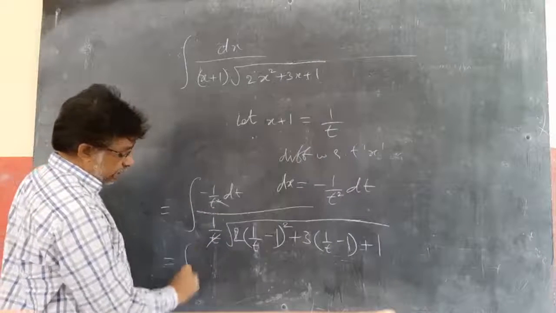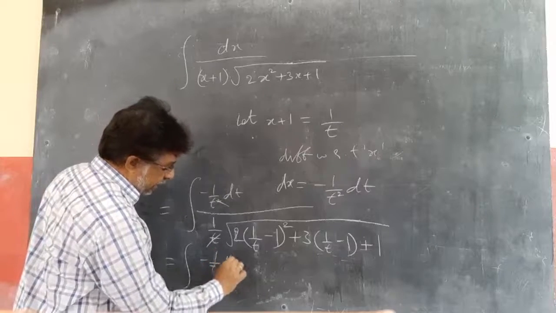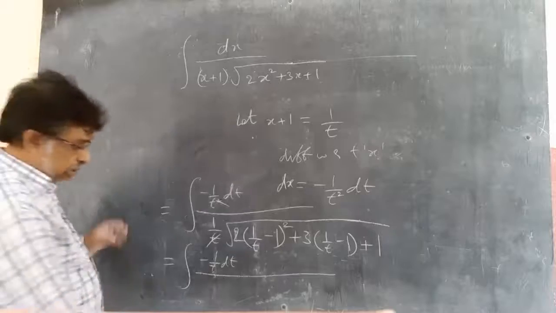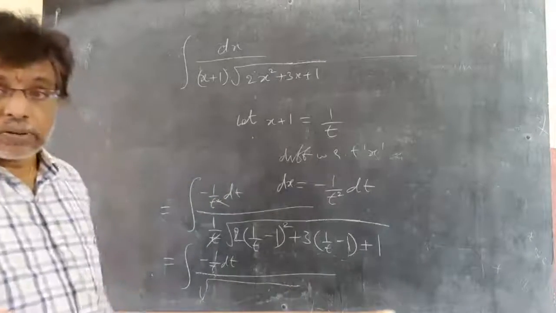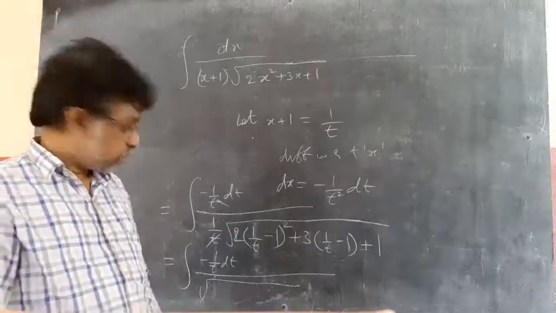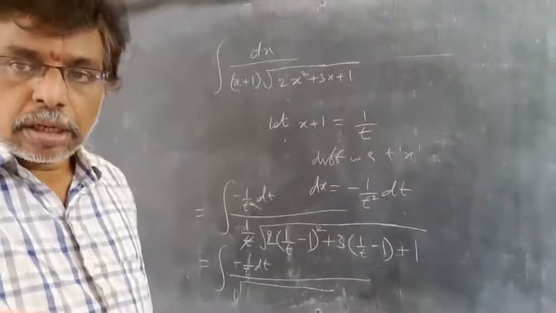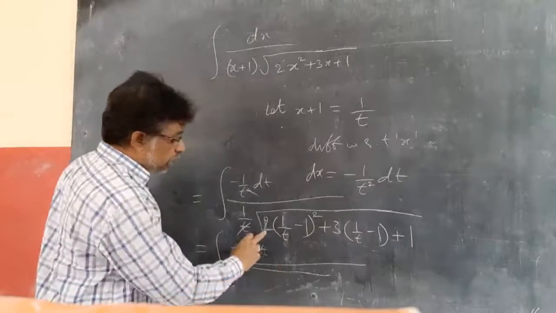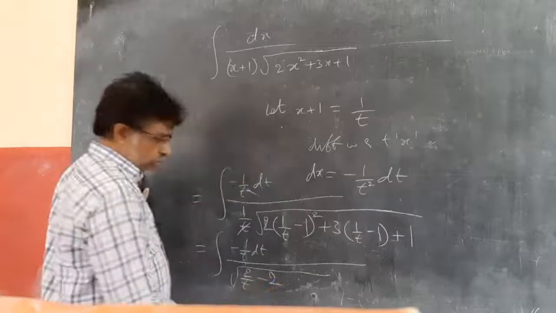So integral of minus 1 by t dt divided by square root of 2 into 1 by t minus 1 whole square.